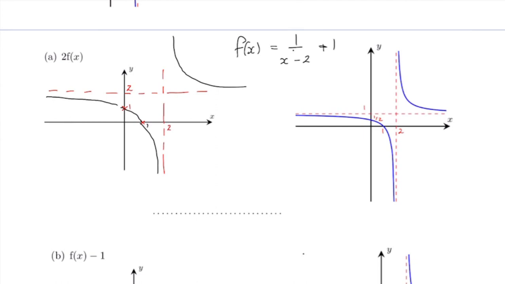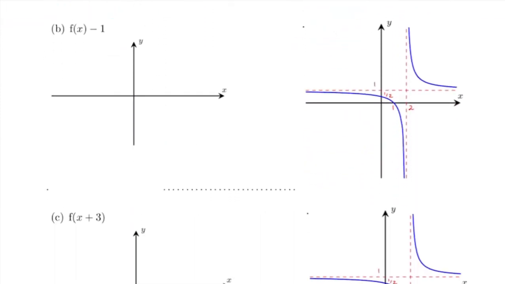That was the original. If I multiply the whole of that by 2, the new equation, I'm going to write it as y equals 2 over x minus 2 plus 2. So I've multiplied the whole of the original function by 2.